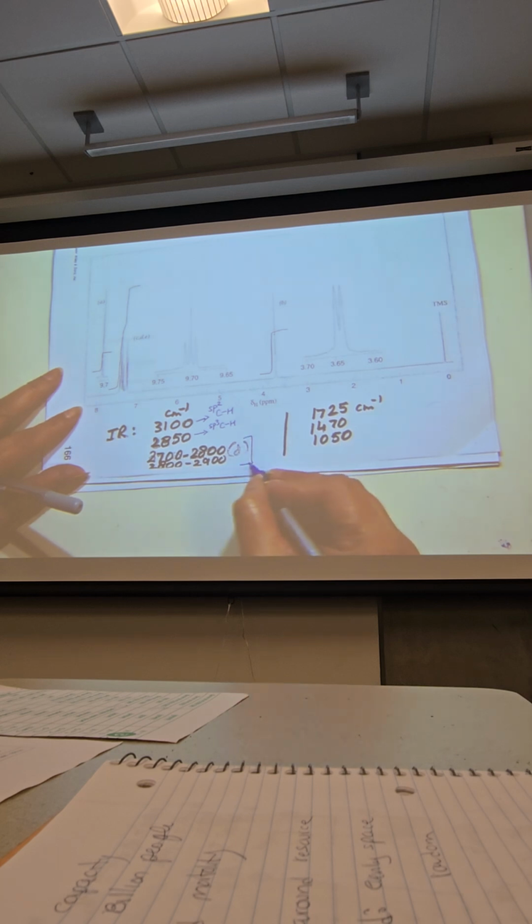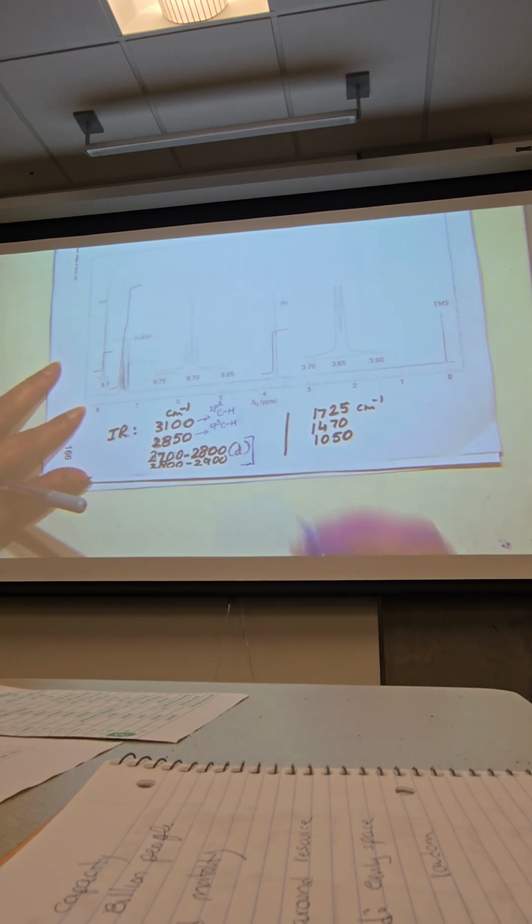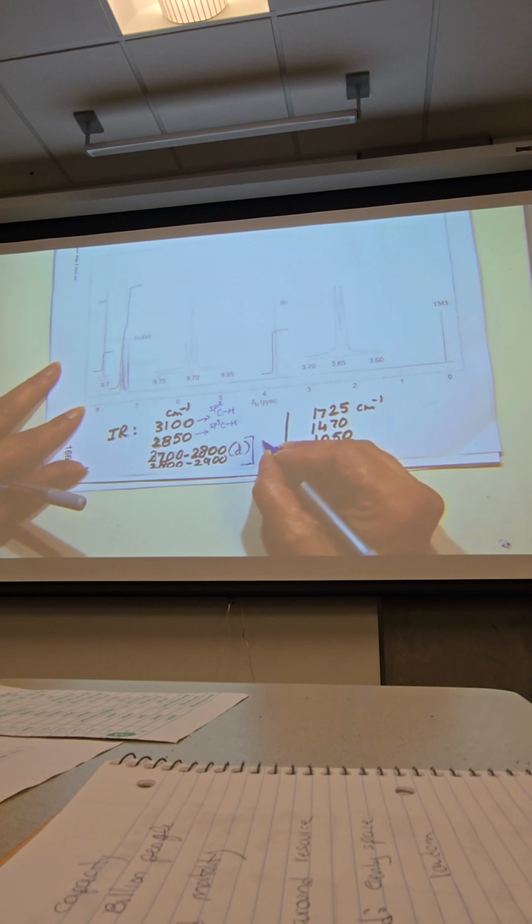What about this? Is there a significance to this set of data? It's a doublet between 2700, 2800 and 2800, 2900. Aldehyde CH. There's no OH in an aldehyde.